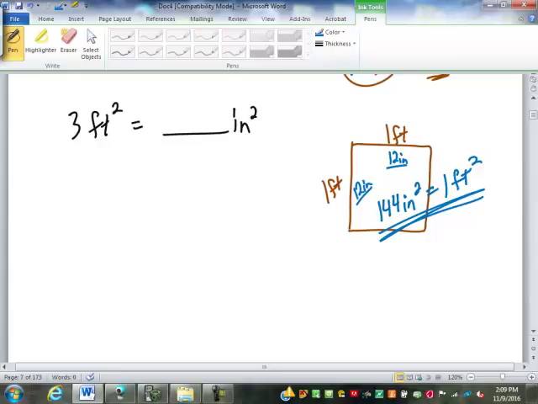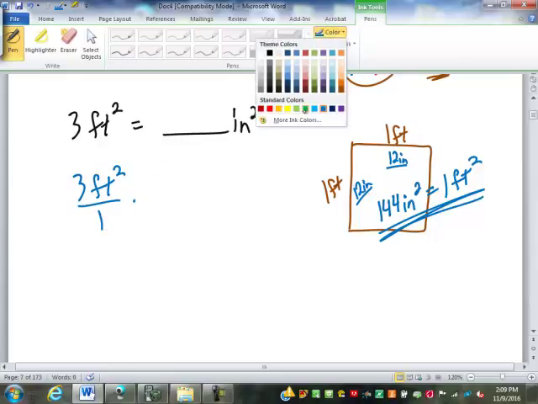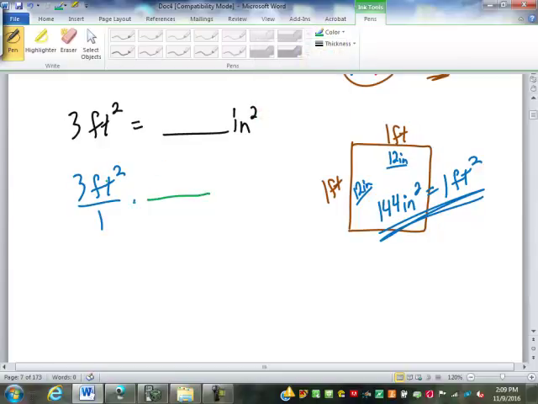So to convert this over here, I put my 3 square feet on top. Over here, my conversion factor, square feet have to go on bottom, so they cancel out. Square inches on top, because that's what we're converting to. And I use this equivalency now. 1 square foot equals, not 12, but 144 square inches.